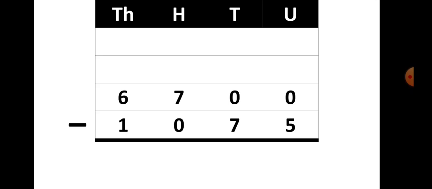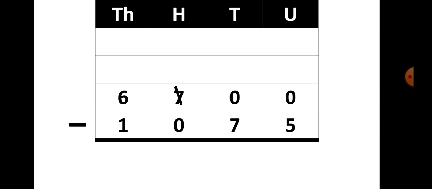Now let us subtract the next sum, that is 6700 minus 1075. Now in the units place we have 0. From 0 we have to subtract 5. So from 0 we cannot subtract 5, that is why we have to go to the tens place to borrow.